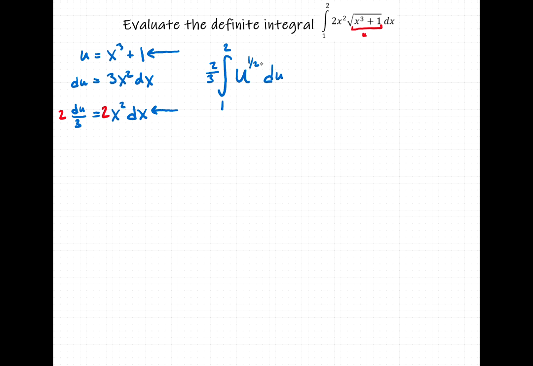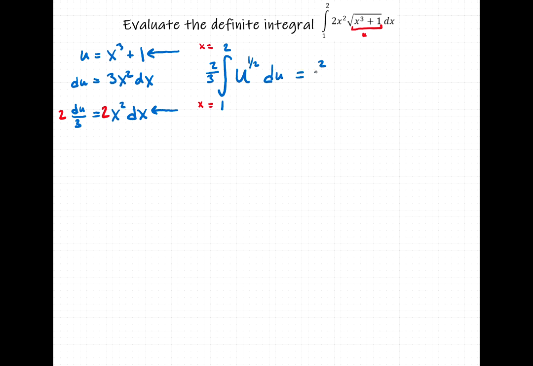Now, one thing to keep in mind, we still have x values here. So the limits of integration are x equals 1 to x equals 2. So we have our variable of integration is u, but our limits of integration are x's. All right, so let's perform the integration.